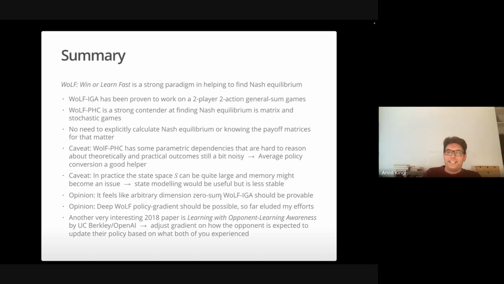And they use that as an input into their loss to use the anticipated learning of the opponent to optimize their own policy improvement, and that supposedly also converges to Nash equilibrium, something I want to try next. Yeah, that would be it.